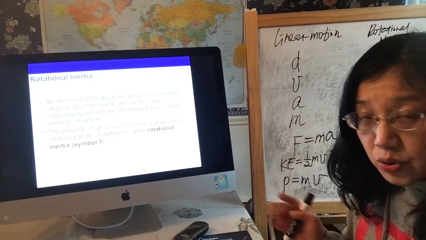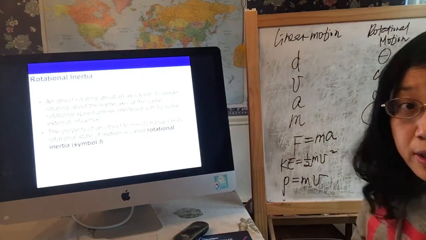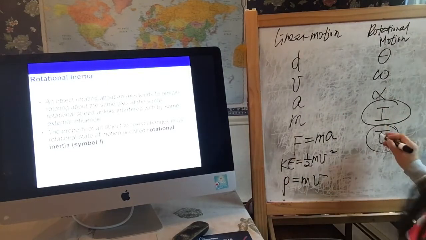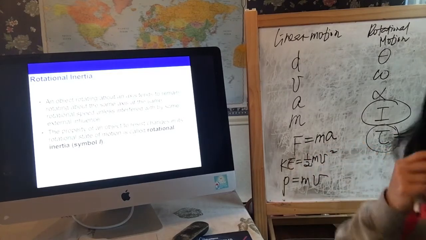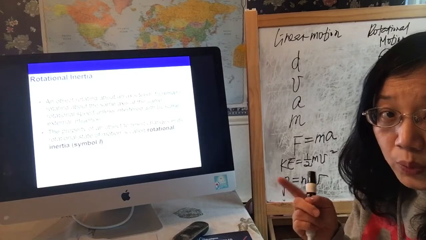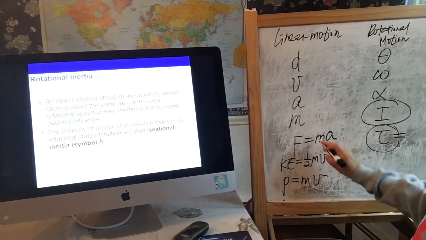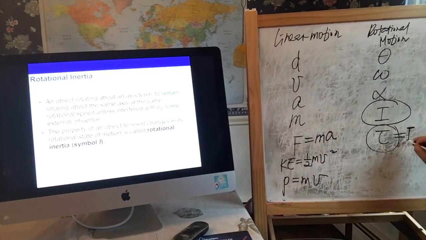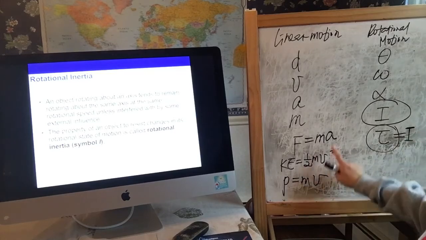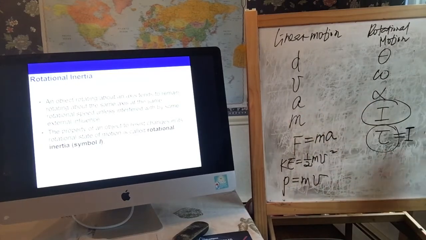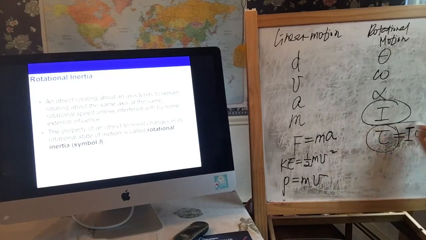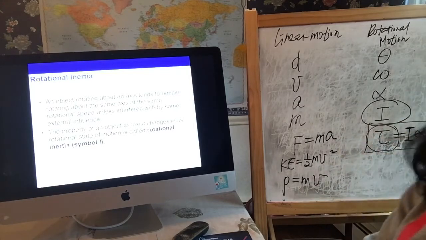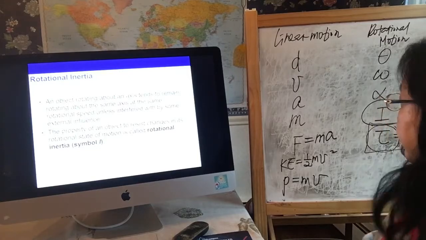I'm going to introduce that in more detail next class. But similarly, in rotational motion, we have Newton's second law too. Mass is replaced by rotational inertia, and acceleration is replaced by angular acceleration. So this becomes Newton's second law in rotational motion.